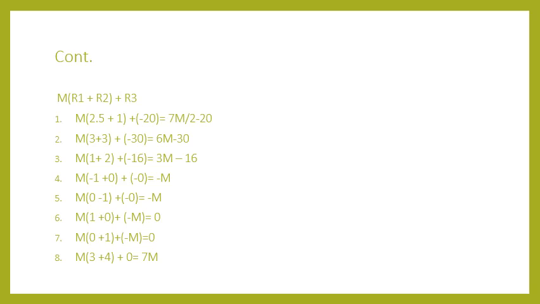M multiplied by brackets negative 1 plus 0 is negative M. M multiplied by 0 is 0. M multiplied by 1 plus negative 1 is 0. The last is M multiplied by 7 plus 0, which is 7M.